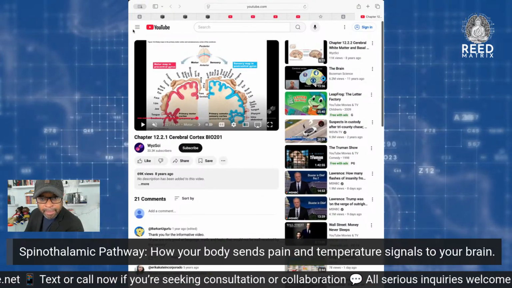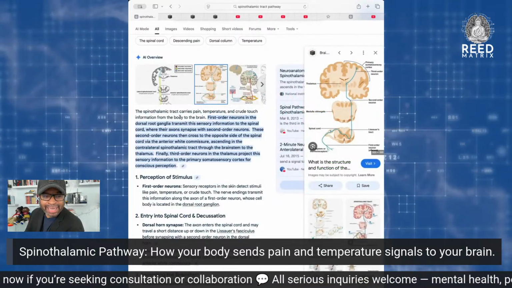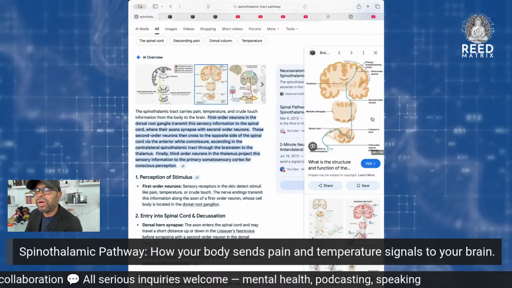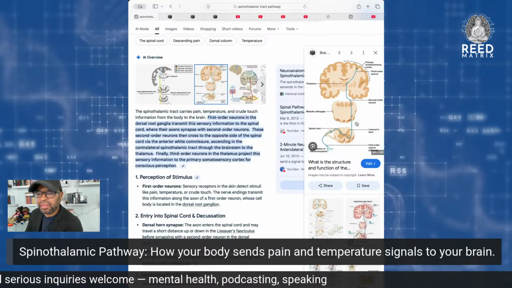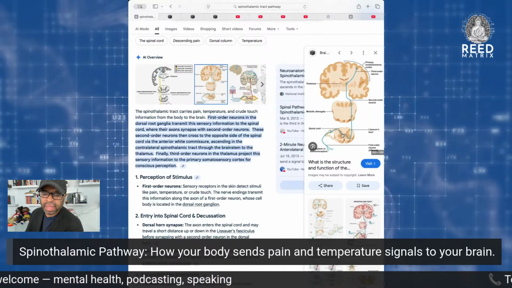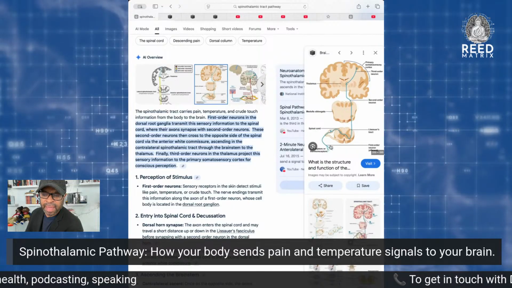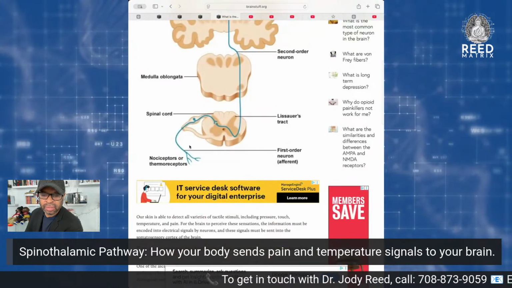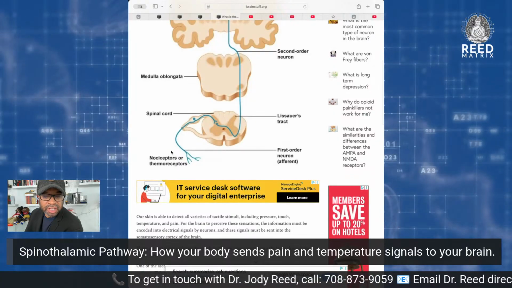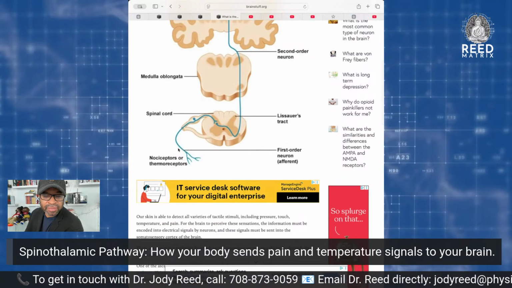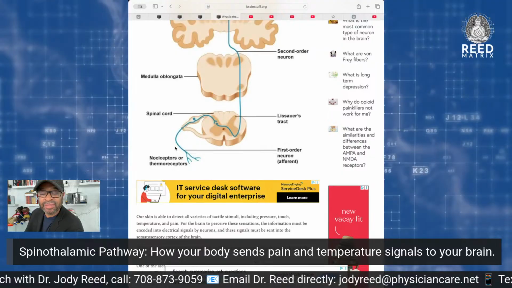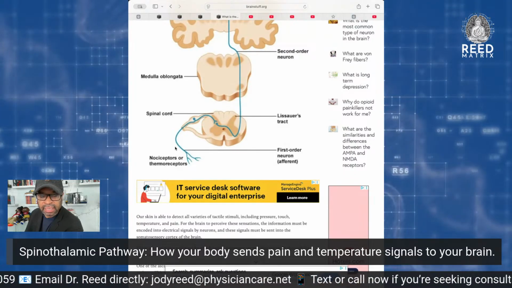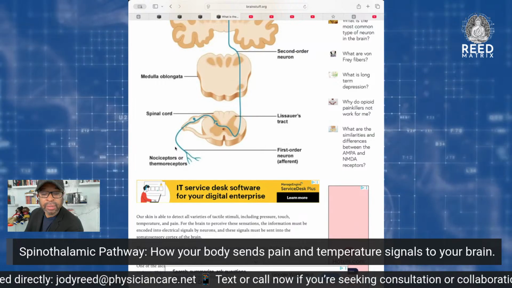Now, remember phantom pain, right? What if anything along this pathway... In phantom pain, let's say the limb is gone, so the root is cut off. When a person has an amputation, but they still feel pain inside of the amputated limb, why?